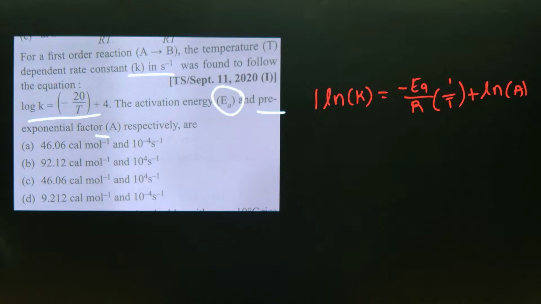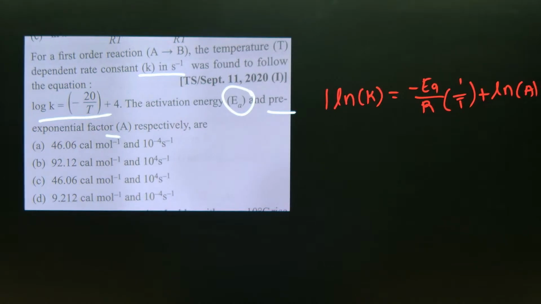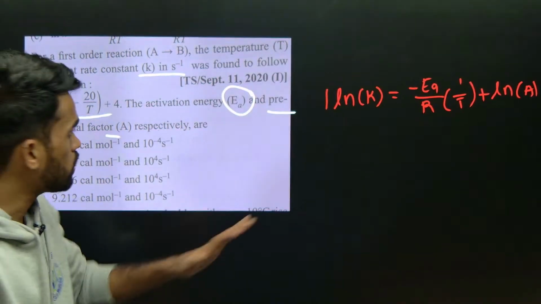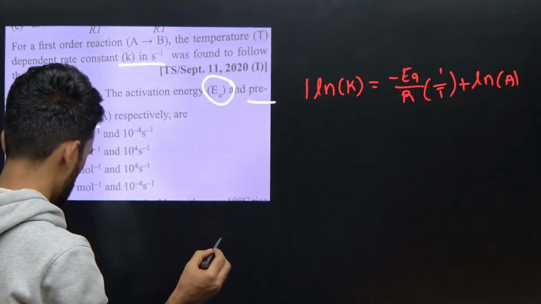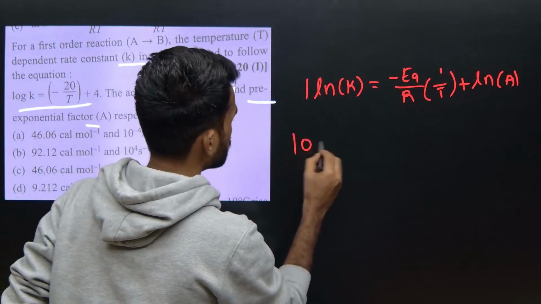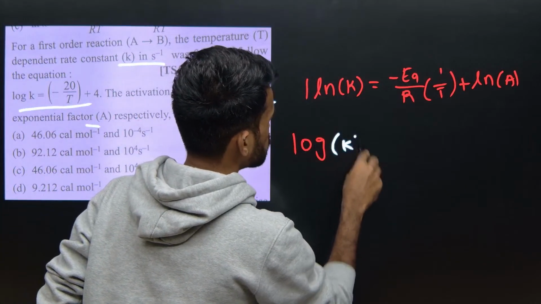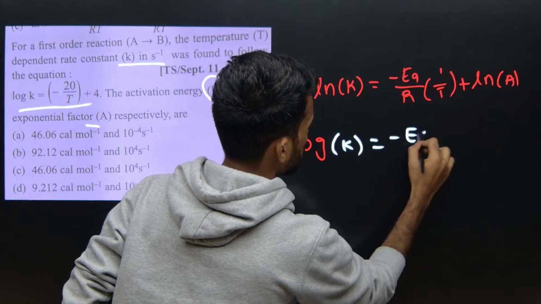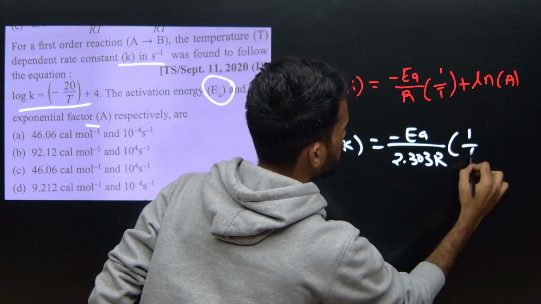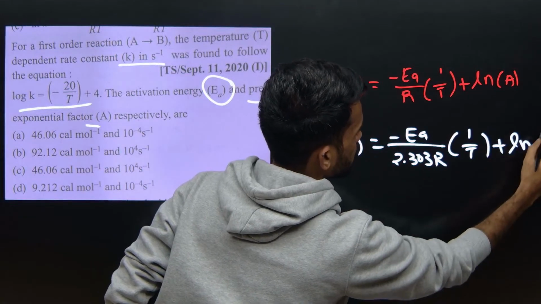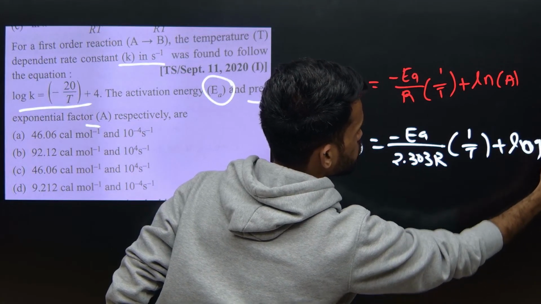Yes, it is visible properly. Now what to take here? Since they are giving it as log, you can write log K is equal to minus EA by 2.303 R into 1 by T plus log A. Like this you can say.